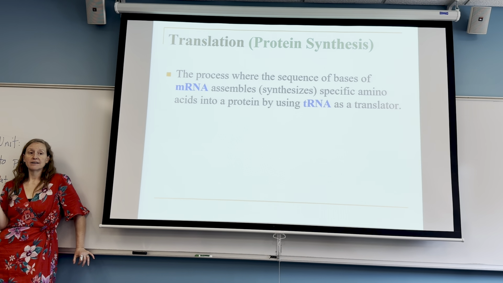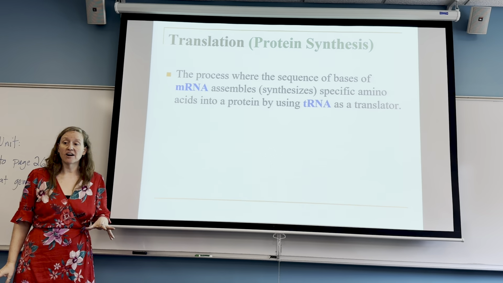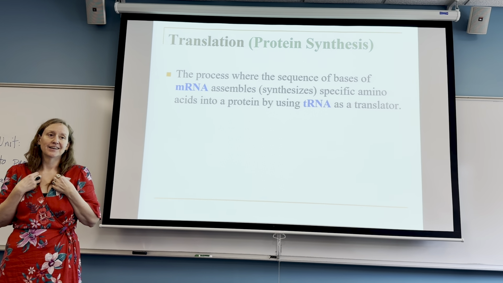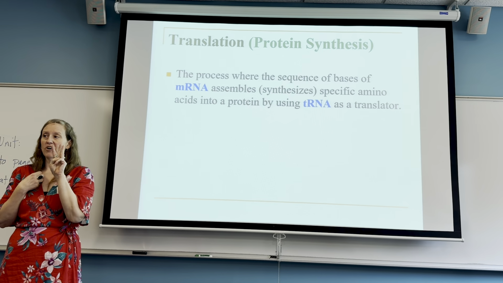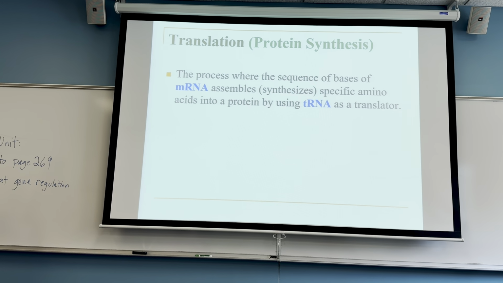So the mRNA has the original DNA message, the codons. The tRNA is only the translator. tRNA has the little amino acids on their back. So every 3 tRNA nucleotides are called anticodons, and they have a little amino acid backpack.